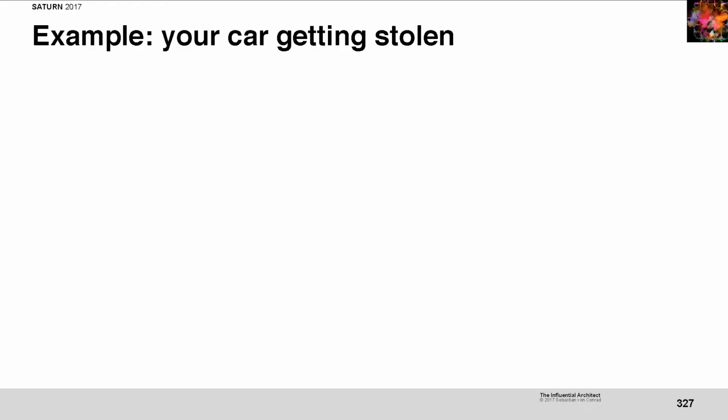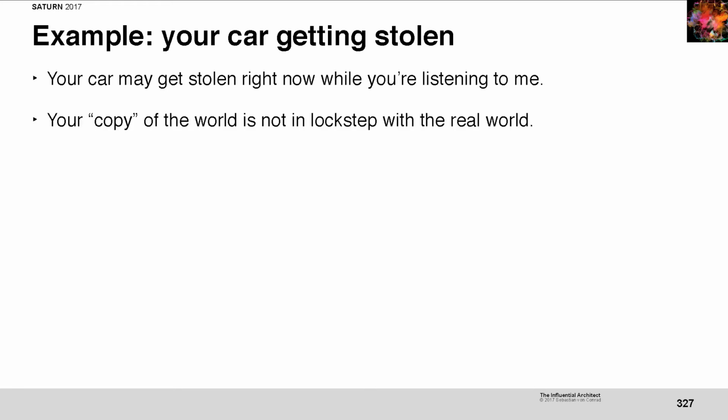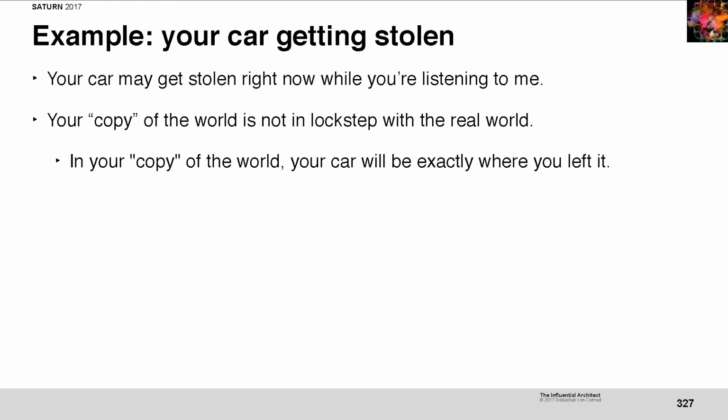Let's imagine that your car's getting stolen. While you are sitting in here, listening to me, your car outside is getting stolen. You don't know this, right? Because your copy of the world is not in lockstep with the world out there. In your copy of the world, your car is exactly where you left it.